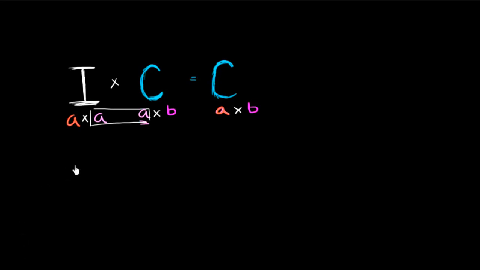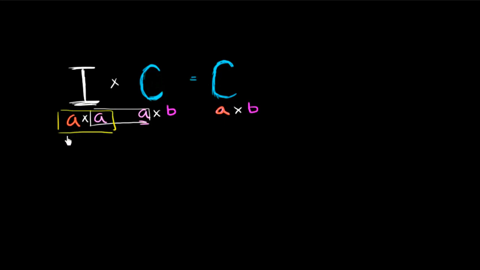When we first got introduced to identity matrices, we picked out a 3 by 3 example and got a 3 by 3 identity matrix. What we've just proven is that the identity matrix for any matrix, even a non-square matrix, where A and B could be two different values, is going to be a square matrix. It's going to have the same number of rows and columns.